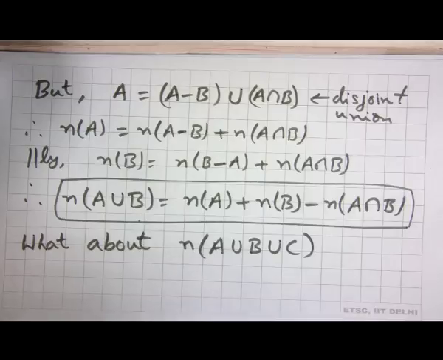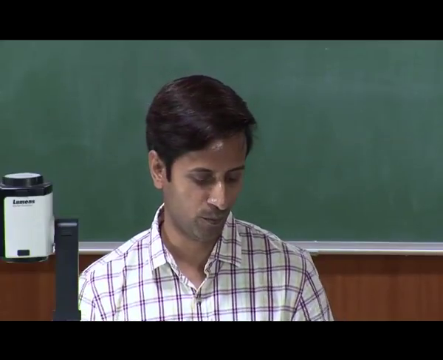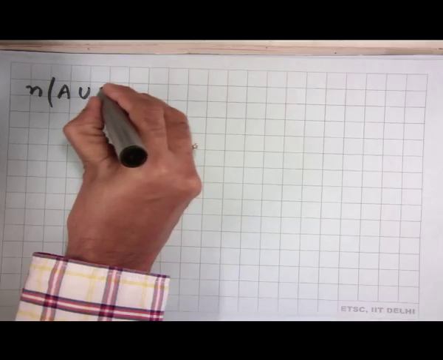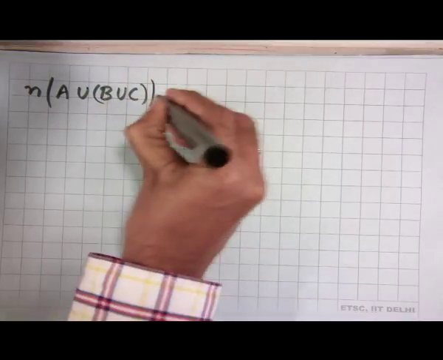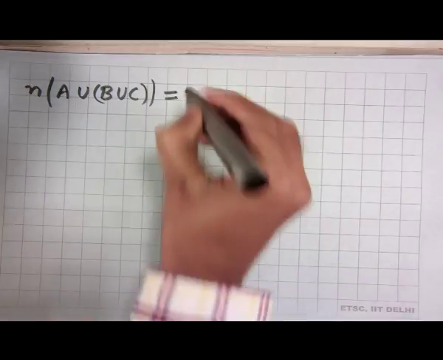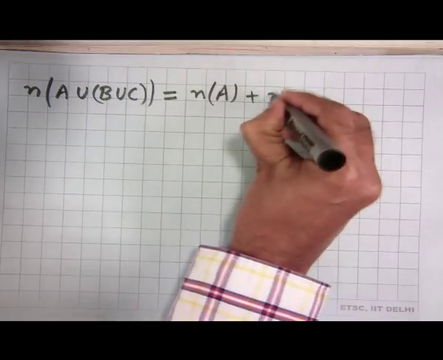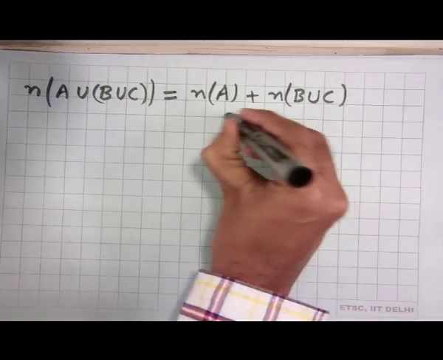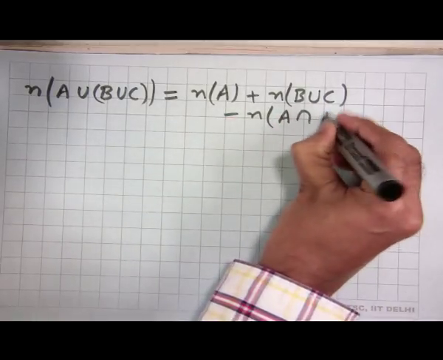Suppose I have 3 sets, then can we write a similar formula for the number of elements in the union of A, B and C? So, n of A union B union C, by the previous formula we can write as n of A plus n of B union C minus n of A intersected with B union C.